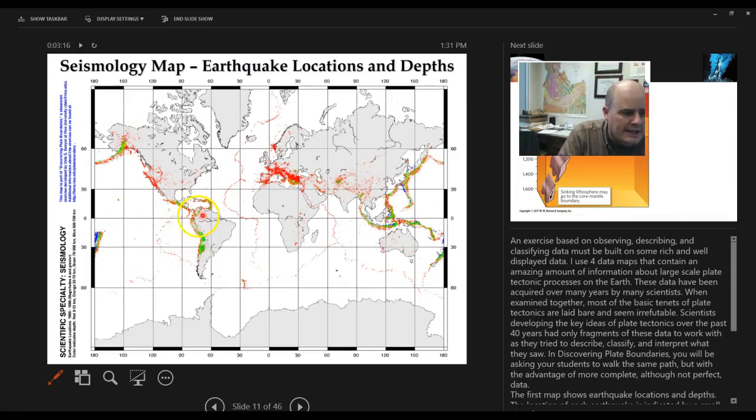You'll notice that this plate, the Nazca plate, is moving in this direction underneath North America, causing us to have what we call a volcanic arc, where volcanoes are forming along the continents here. Now this one is also a volcanic arc, but it is an island arc.